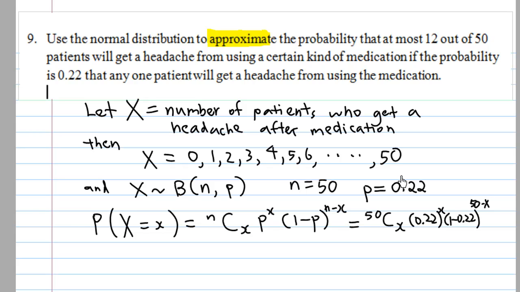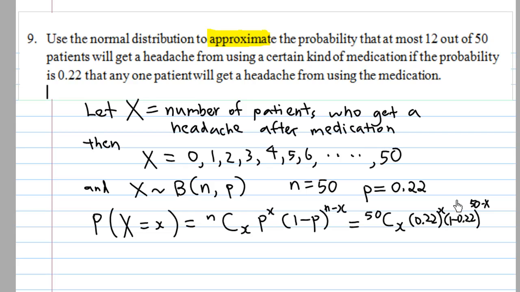So the probability of x equal to small x here is nCx p to the power x times 1 minus p to the power n minus x. If n equals 50 and p equals 0.22, I get this probability of 50Cx 0.22 to the power x times 1 minus 0.22 to the power 50 minus x.